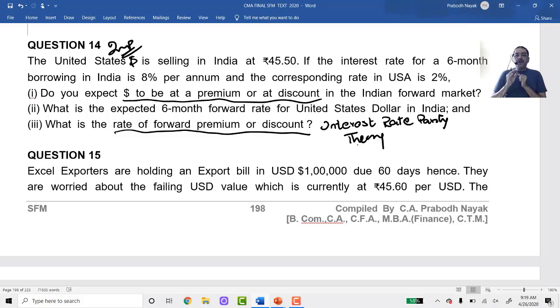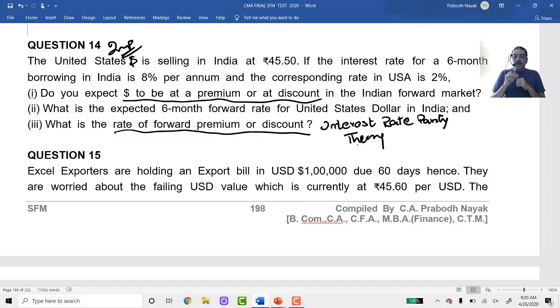But the main summary of the theory, the important point required for this particular question, is that if the interest rates of two countries are given, definitely one will be higher, one will be lower. Now in this example, India is having a higher rate of interest and US is having a lower rate of interest.